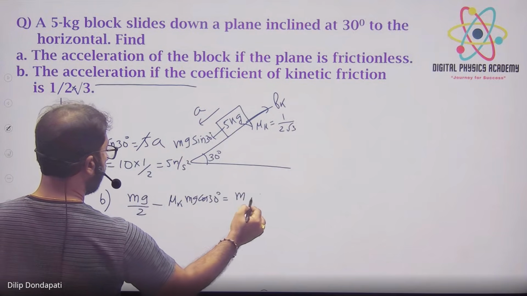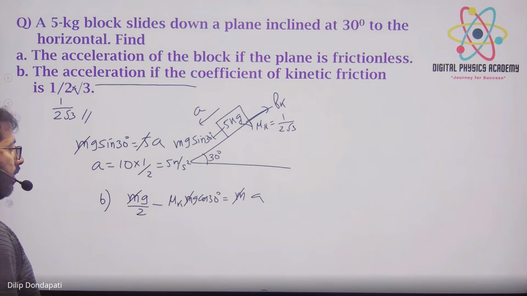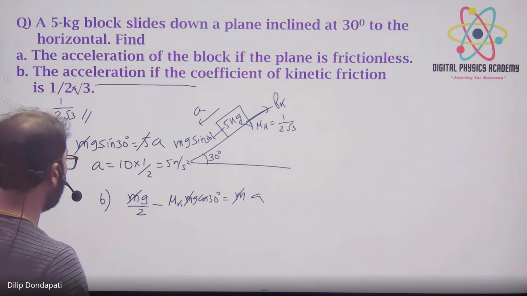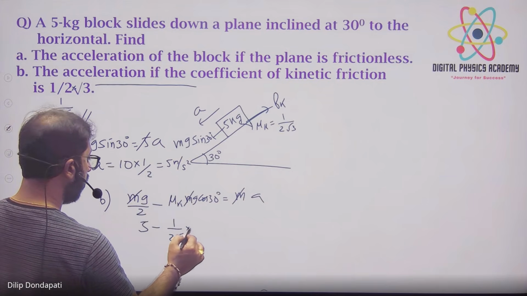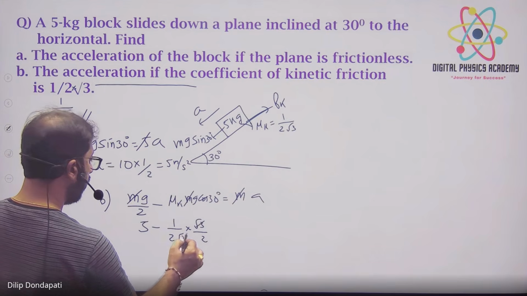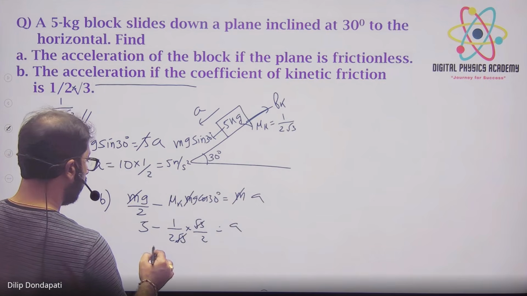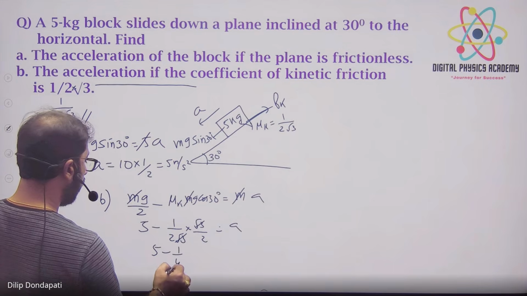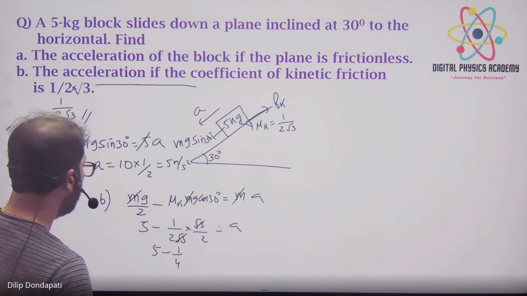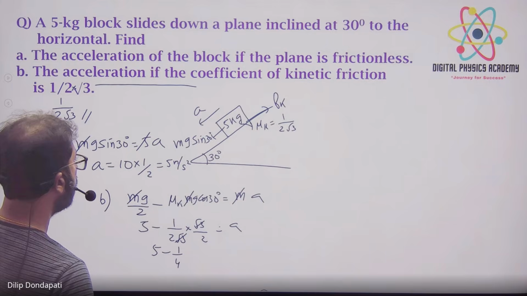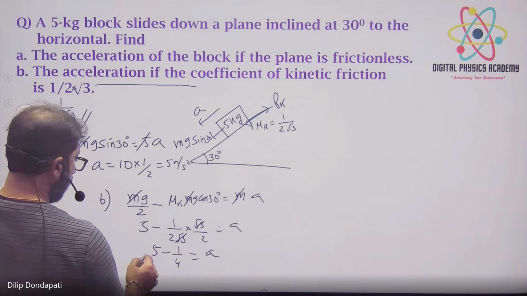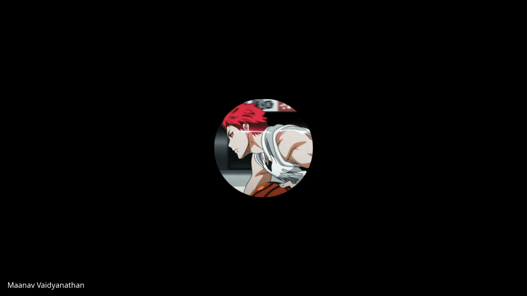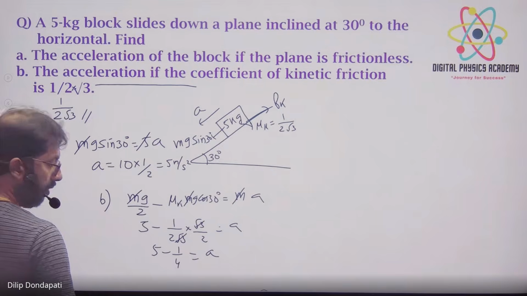And from this, if you substitute all the values, 10/2 is 5 minus mu k is 1/2√3 into cos 30 is √3/2. So 5 minus 1/4. So you get 4.75 divided by 5. That's 9/4 आ रहा है.